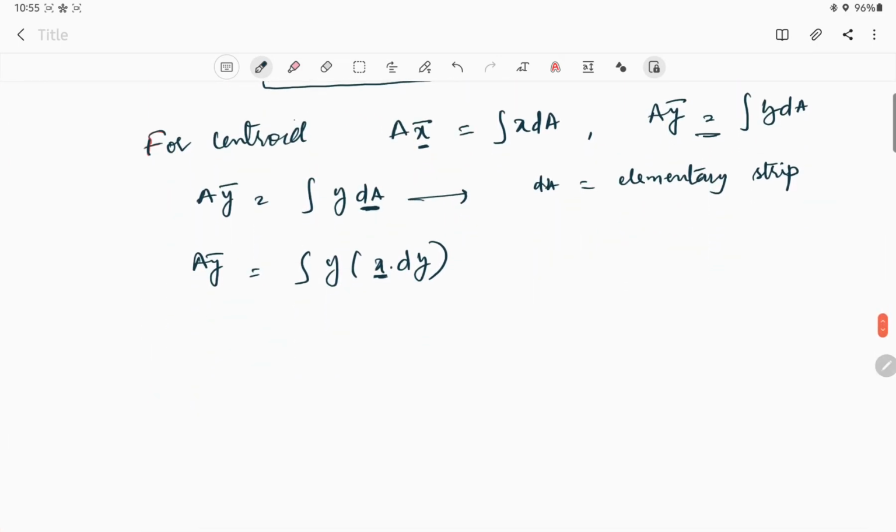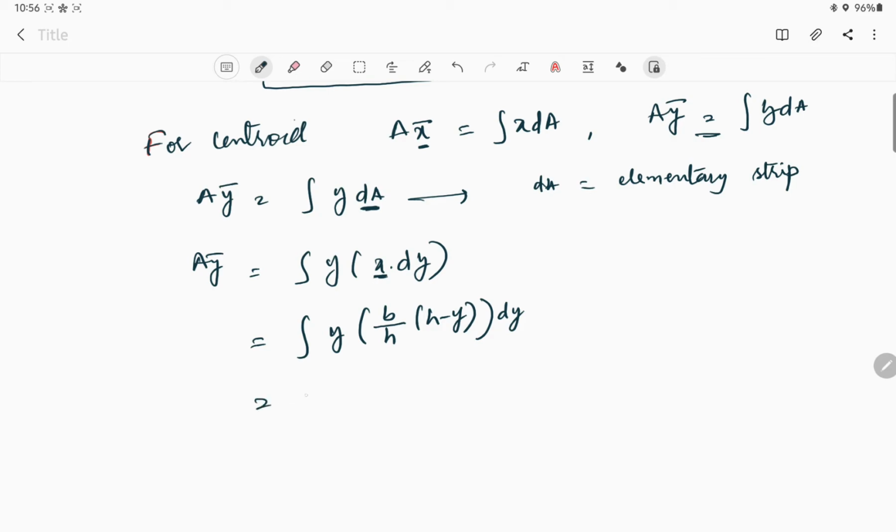So we'll try to substitute the value here, that is integral y into, what is the value of x we got? b by h into (h minus y), then dy as it is. Okay, so simplify this one.